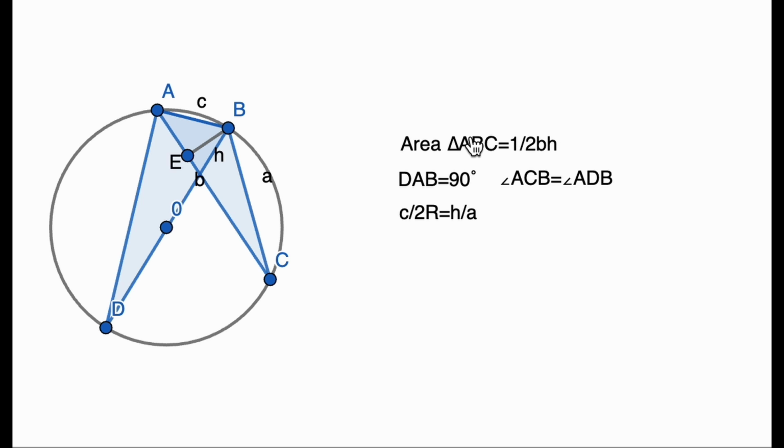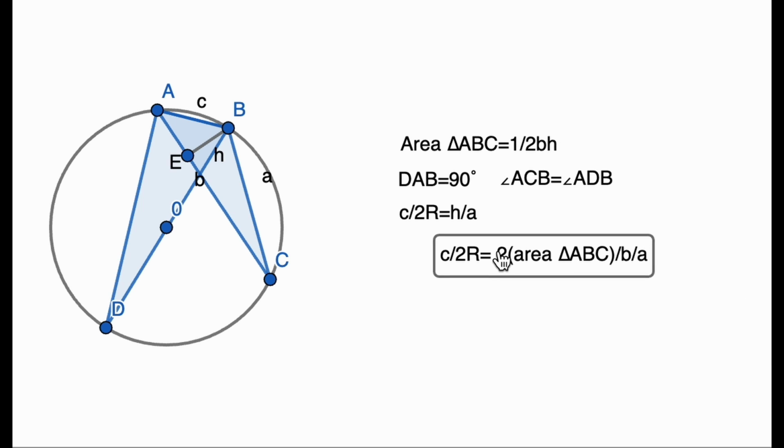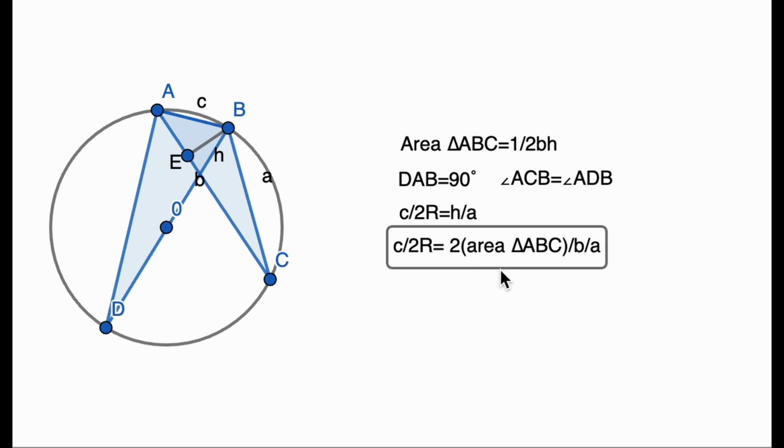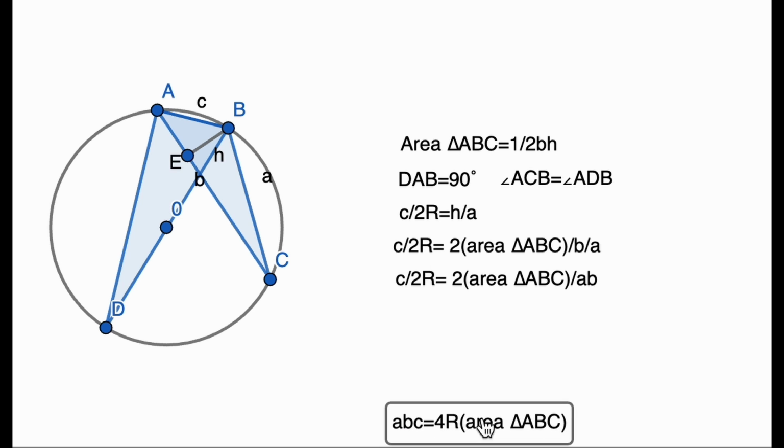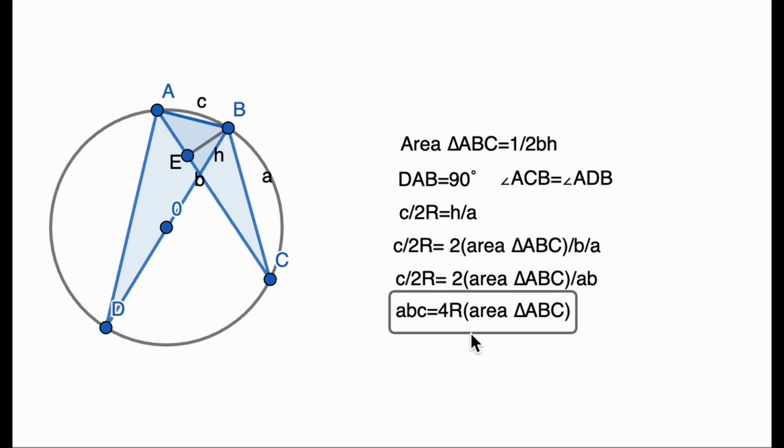We can take h out of the area formula, and we can get something like this. Now, after that, it's dividing by b and a, so we can directly say it's dividing by AB. Now we have this formula over here. What we can do is cross multiply. So AB times C equals 2r times 2 times the area of the triangle, and we get something like this.